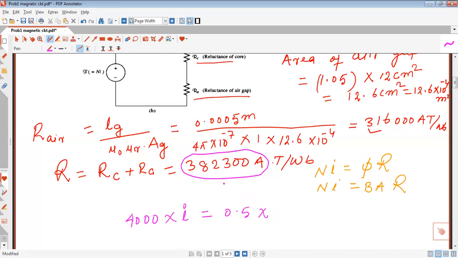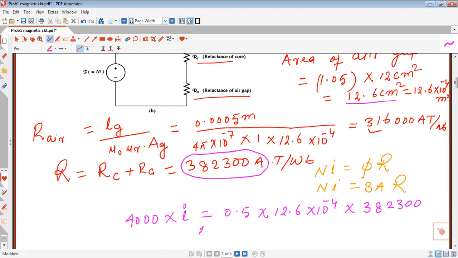The area of the air gap was 12.6 centimeter square. Converting this into meter, it will be 12.6 into 10 to the power minus 4, into the total reluctance, which we have already calculated, 382,300. So all values are known.